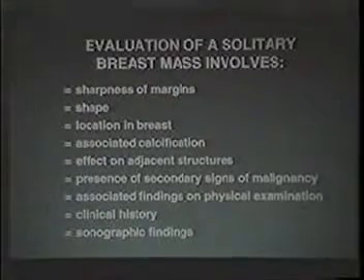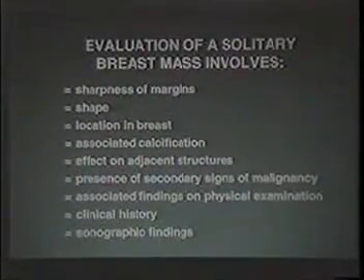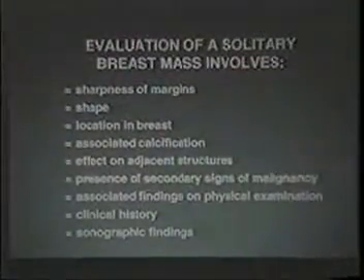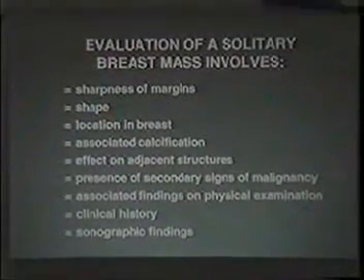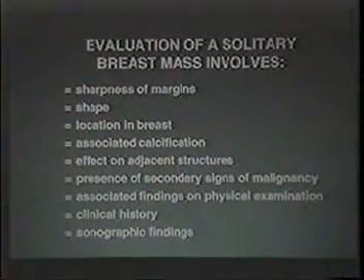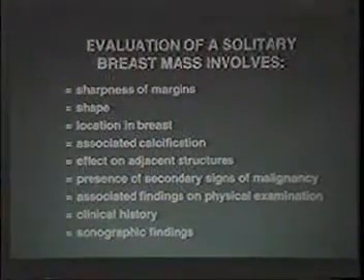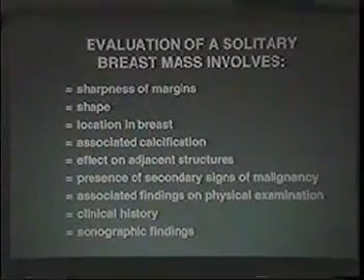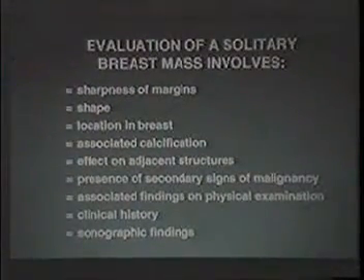It also involves an evaluation of whether there is or is not associated calcification, the effect of the mass or the suggested mass on adjacent structures, the presence of the secondary signs of malignancy that we look for, associated findings that may or may not be present on physical examination, the clinical history, and of course, if we do a sonogram, the sonographic findings.